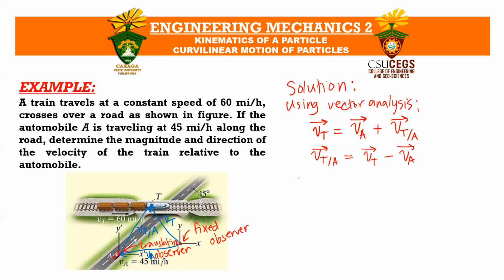So for the velocity vector of the train, that would be equal to 60i miles per hour. 60 miles per hour, because, as you can see in our illustration, the train is moving along the x-axis.